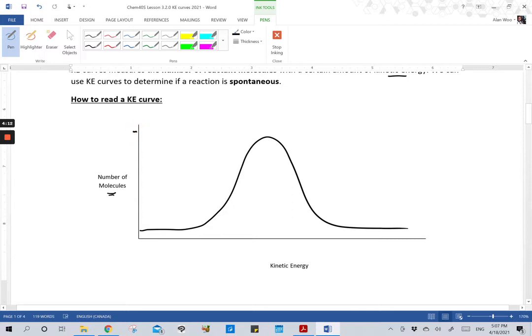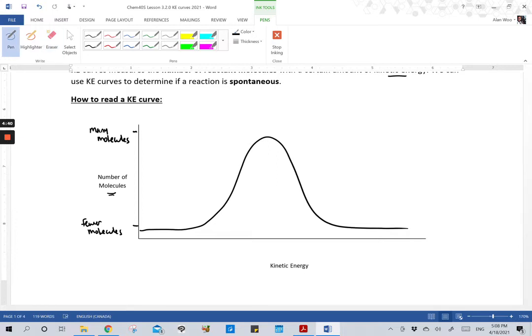At the top here, we have many molecules. At the bottom here, we have fewer molecules. And in the middle, we have an intermediate amount of molecules, which I won't write in exactly right now.